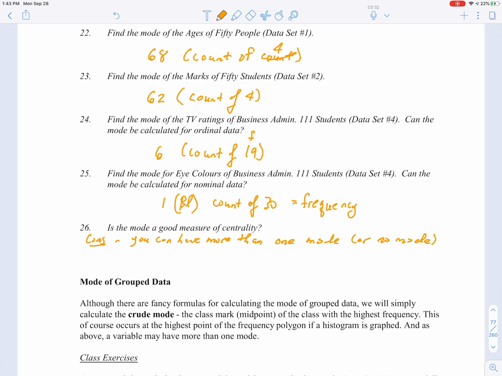I suppose no mode would mean that they all have the same count of 1. You could say all of them are modes in that case, but typically we would say that there's no unique mode in that case.